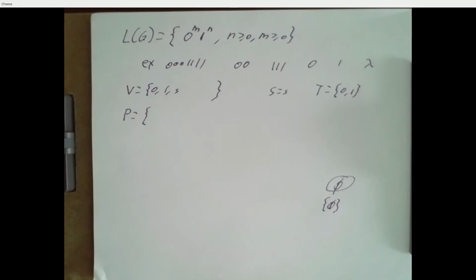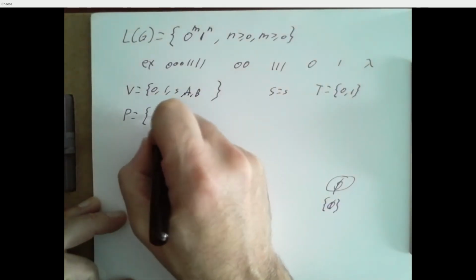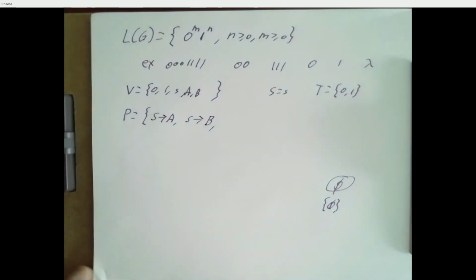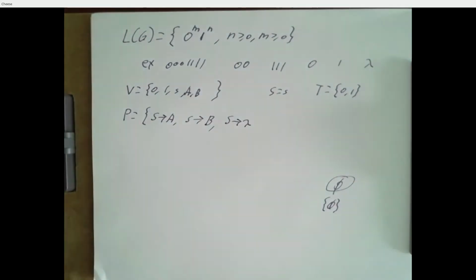So any ideas? S can go to A, or S can go to B. Okay, so let's put A and B in here. S can go to lambda, good. That's definitely a safe production rule because we know lambda is a recognized string.